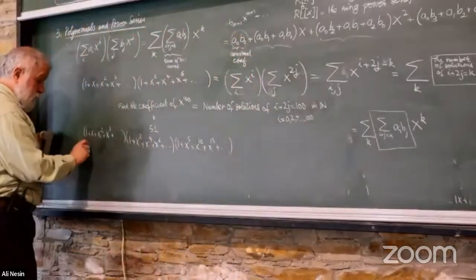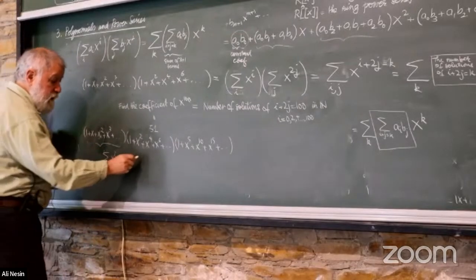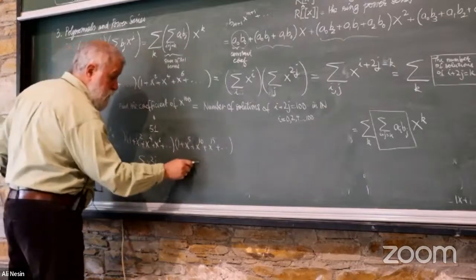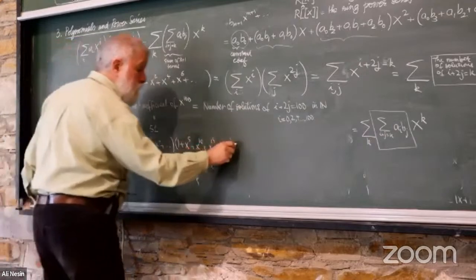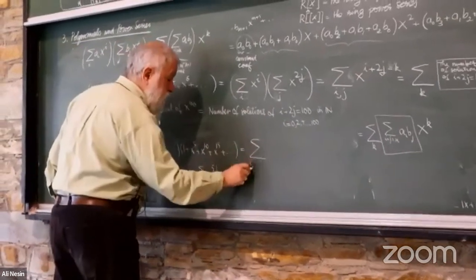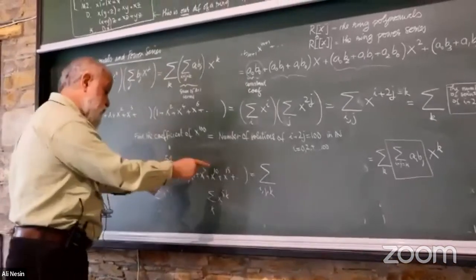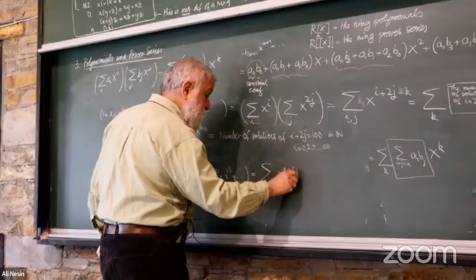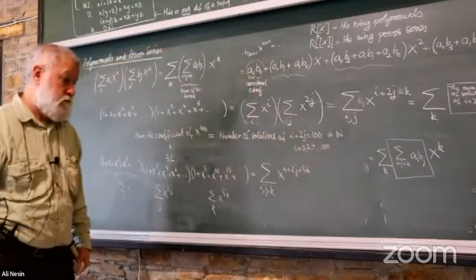This is equal to the sum of x to the i's over i. This is the sum of x to the 2j's over j. This is the sum of x to the 5k's over k. When I multiply, for all i, j, k, I will choose one term from here, one from here, one from here: x to the i plus 2j plus 5k. Right?